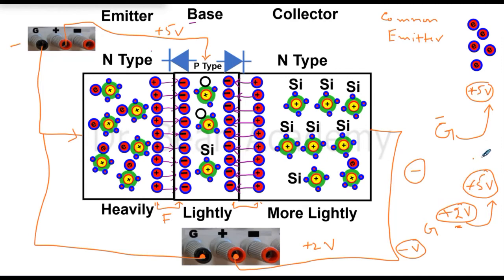Because it is at higher potential. So we can think like plus 2 is negative terminal, because current will flow, if it is allowed to flow, from plus 2 to plus 5 volts.